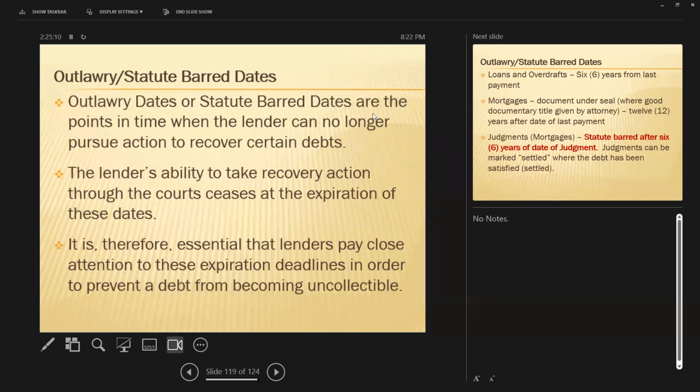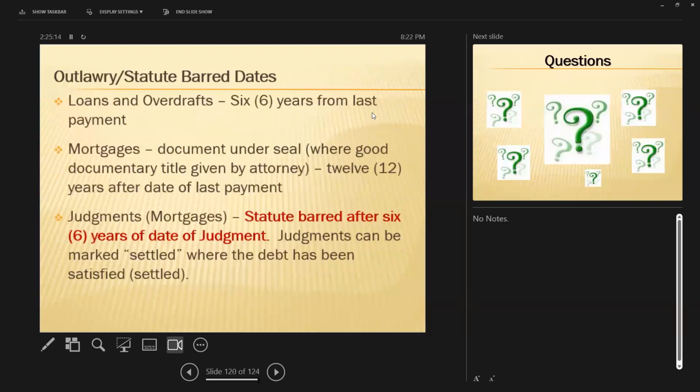So here are some of the outlawry statute barred dates, how they apply. For loans and overdrafts, they expire 6 years after the date of the last payment. In the case of overdraft, a credit passing through the account, okay?